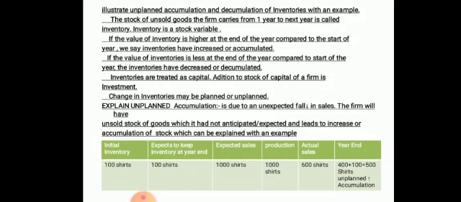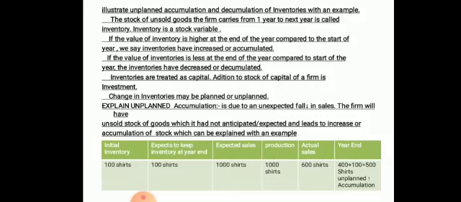Compared to the start, if at the end inventories have increased, then it is accumulation of inventories, and if at the end inventories have become less, then we say it is decumulation.